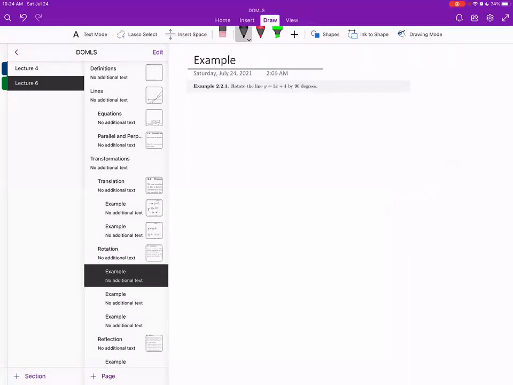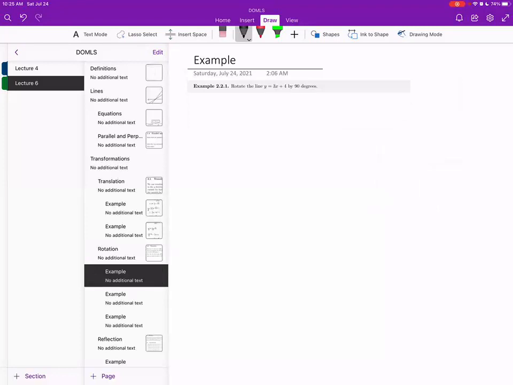So first, let's rotate the line y equals 3x plus 4 by 90 degrees. You might notice that there's something missing from this problem, and that's a point. So let's pick a random point. It doesn't really matter which point, but let's choose a point that's on the line to make things easier. You can rotate about points that aren't on the line, but it's a bit more difficult.